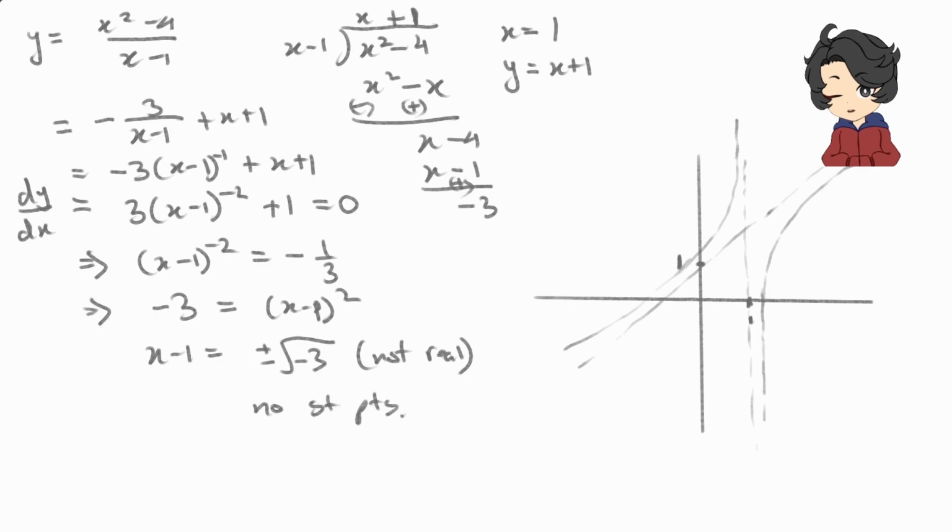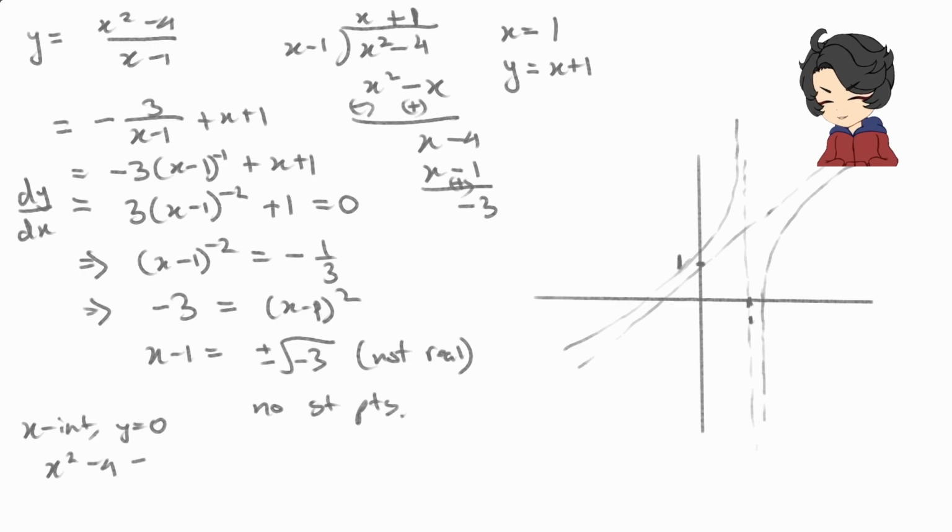So this would be your basic sketch, but we can make this a bit more accurate by writing down the intercepts. So your x-intercept would be when y equals 0. If y equals 0, that means x squared minus 4 is equal to 0 as well.